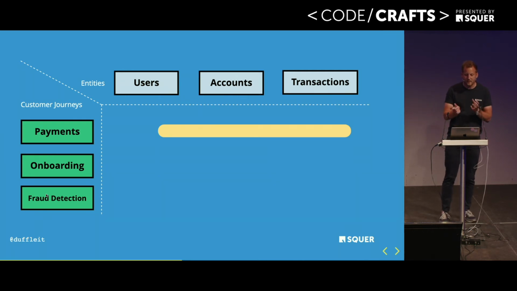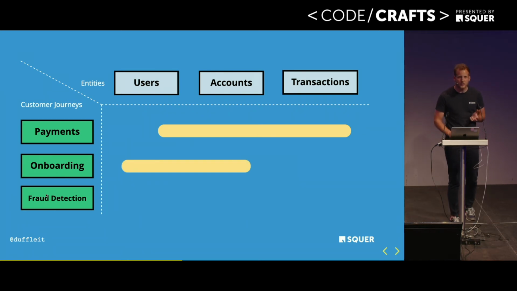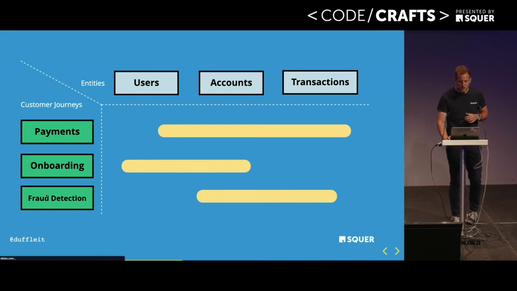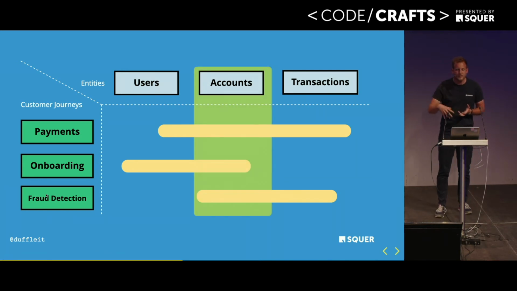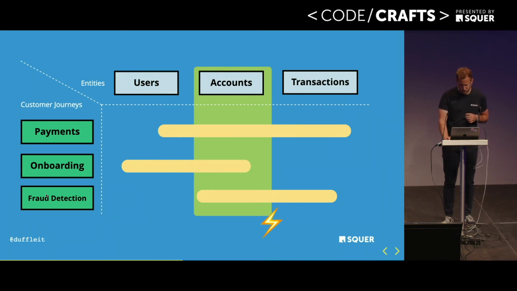And the thing is, they are not one-to-one mappings. Customer journeys don't map to entities, because onboarding, for example, needs users and also needs accounts, right? Because it creates a user and then it creates an account. And fraud detection probably needs accounts and transactions. So we have this overlap of entities across customer journeys, and that's the entity customer journey mismatch problem.